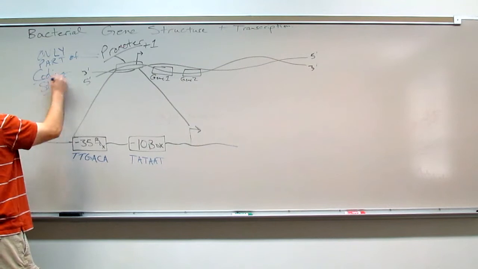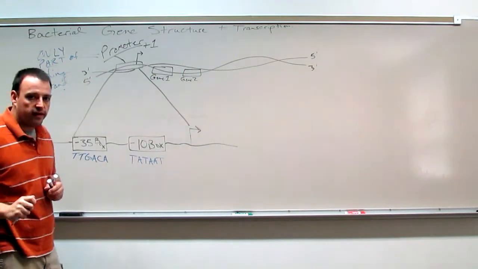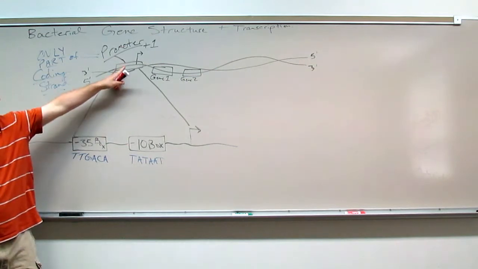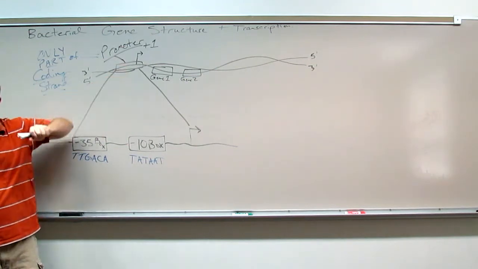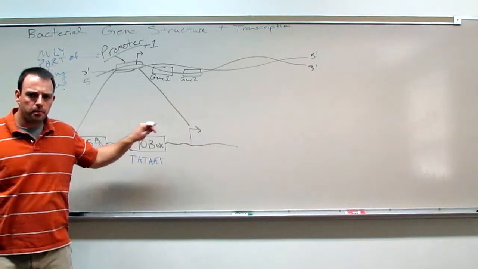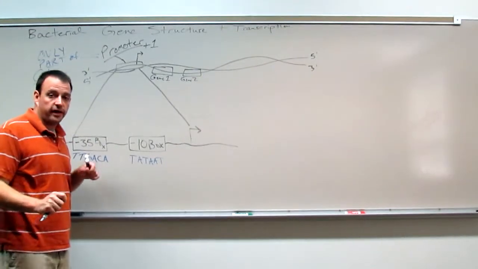That's how you define a promoter. It's a part of the coding strand that RNA polymerase recognizes. Okay? So I've drawn my box around my promoter here, but I've only drawn it on the coding strand, not the template strand. Okay? What do bacterial promoters look like on average?